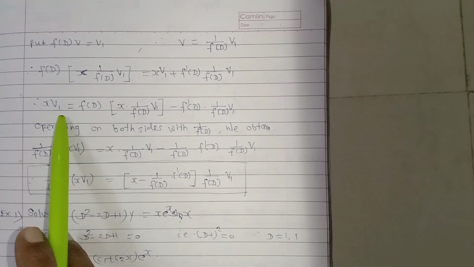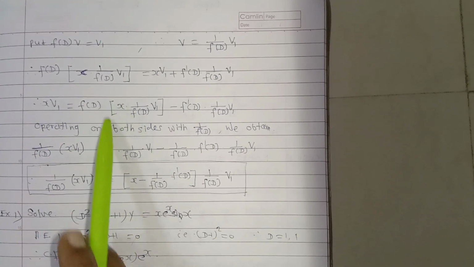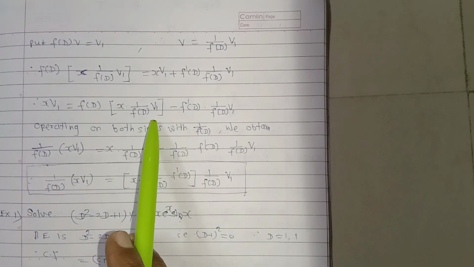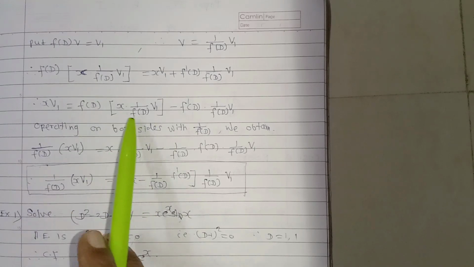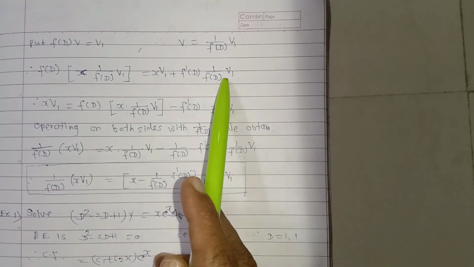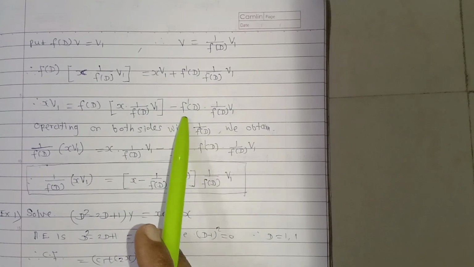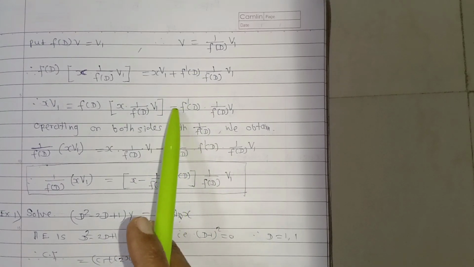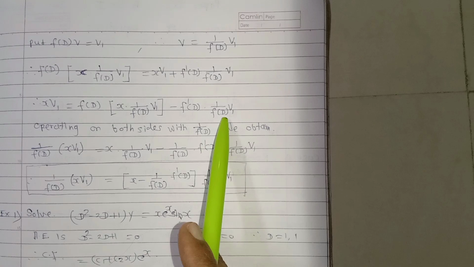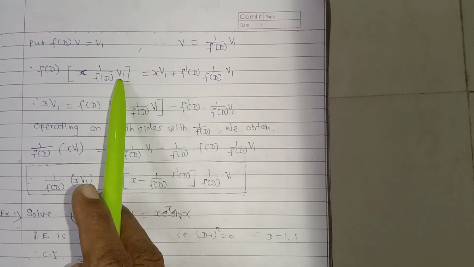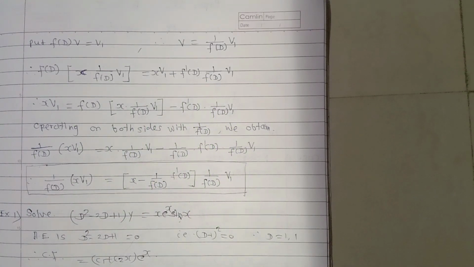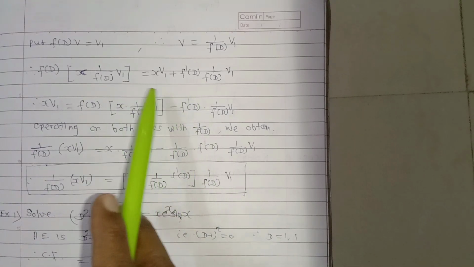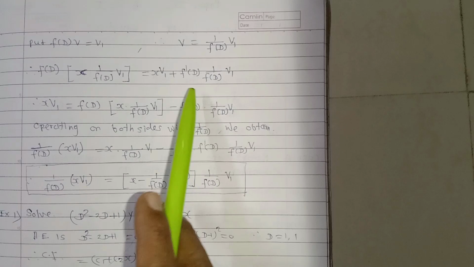Hence x phi 1 equals f(D) into bracket x 1 upon f(D) operated on phi 1 minus 1 upon f(D) f dash D into 1 upon f(D) operated on phi 1. That means this term is taken to the LHS so that it becomes negative, and then we interchange the left hand side and right hand side.